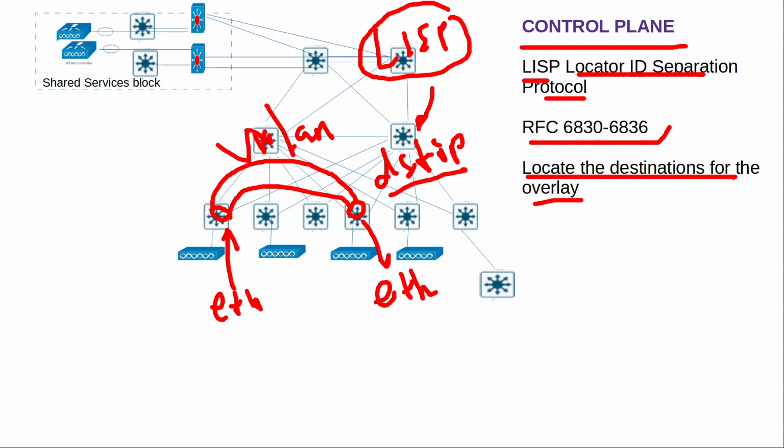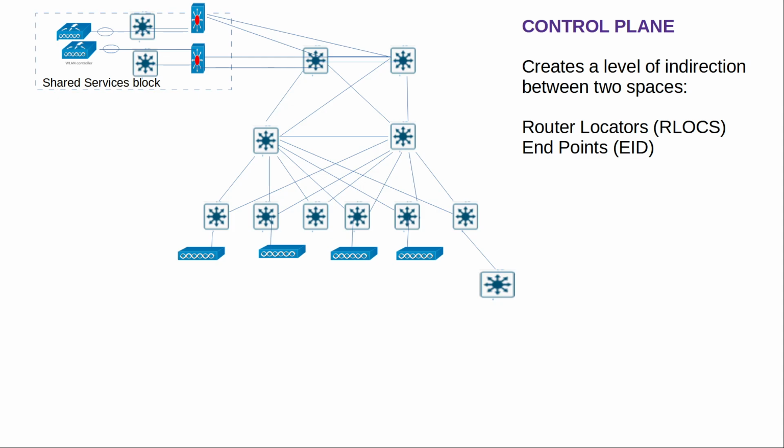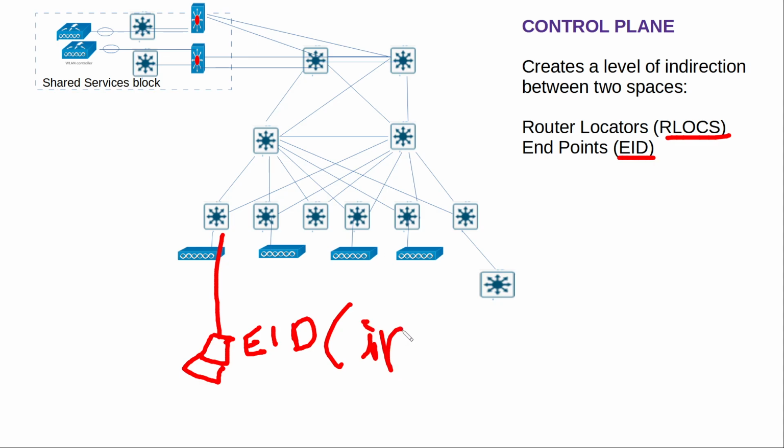If you want a longer answer, you can continue watching because we're going to talk about more details about how LISP actually works. Remember that LISP is going to create mappings between RLOCs and endpoint IDs. So every single device that I'm going to connect to my fabric will be identified by an endpoint ID that will be these devices' IP address and MAC address, regardless of whether this device is getting connected through a wire or it is a wireless device.